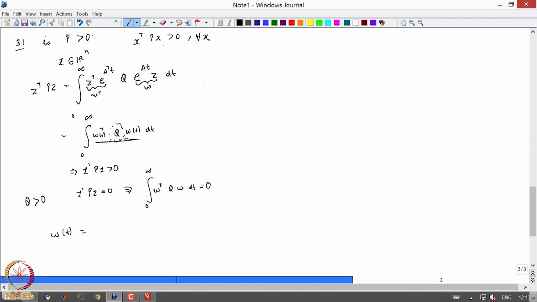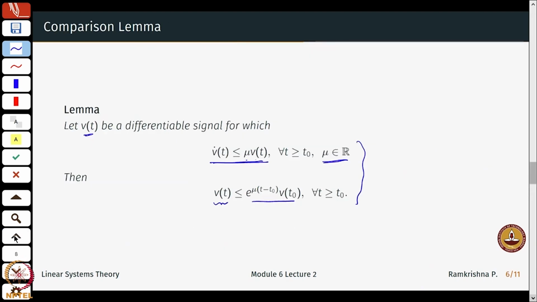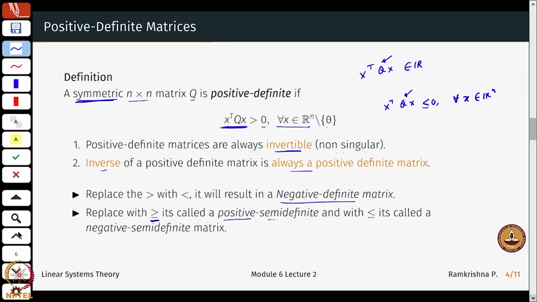So, what was the definition if we recall? We go back, right here. So, anywhere apart from the origin it is greater than 0.